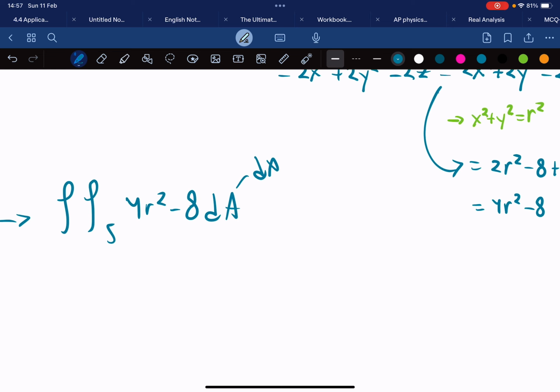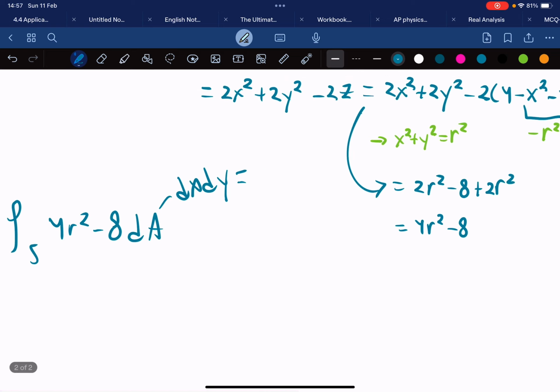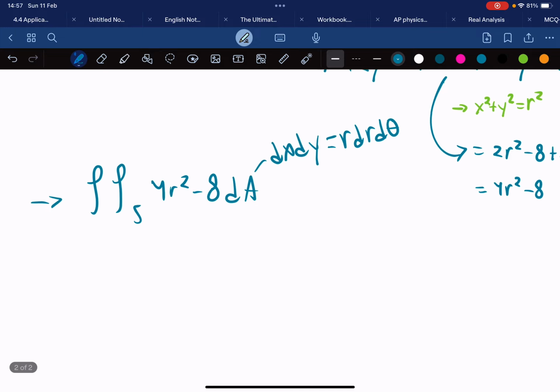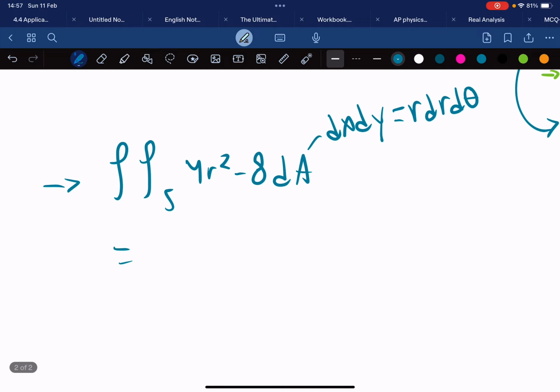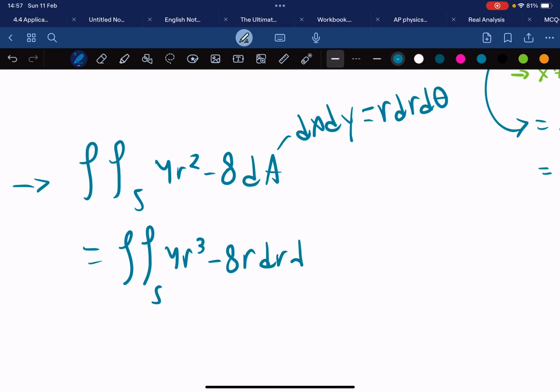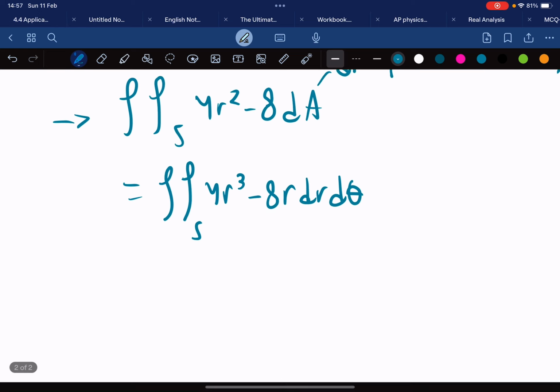But dA is dx dy, and if we use the Jacobian, this is r dr d theta, where r is our Jacobian scaling factor. So this equals the double integral across our surface of 4r cubed minus 8r dr d theta.